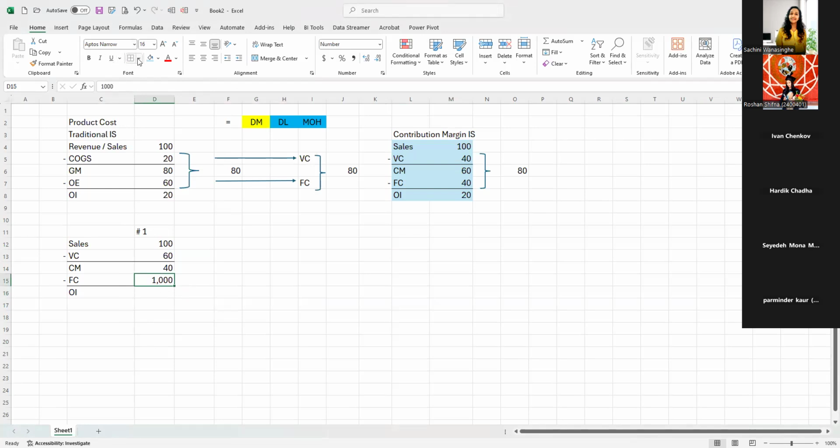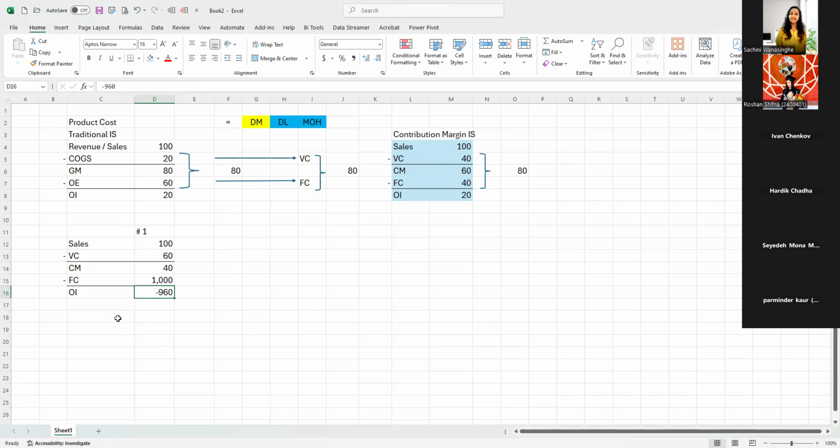Am I having operating income here? No. What do I have? Operating loss. How much is that? $960. We're losing. Why? Because we're selling only one product.